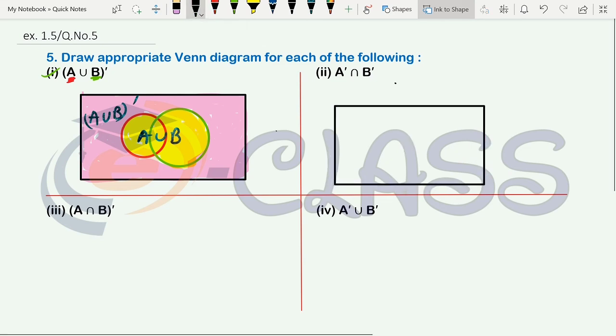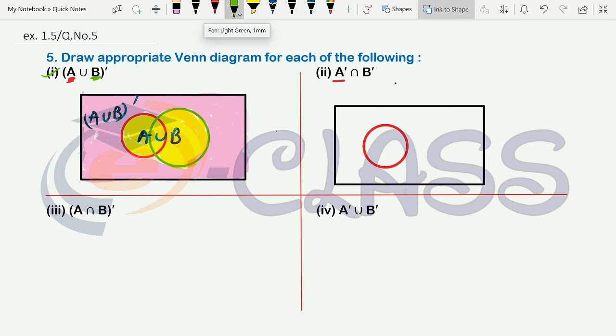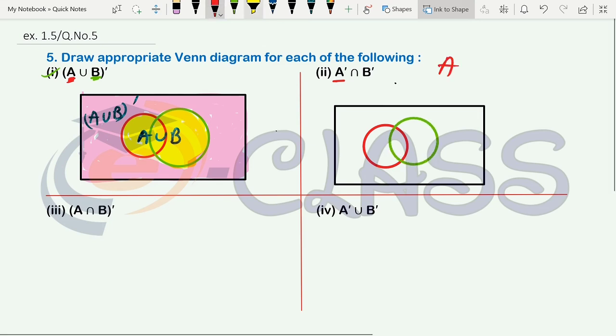Now draw A. The red one is A, and the green one is B.